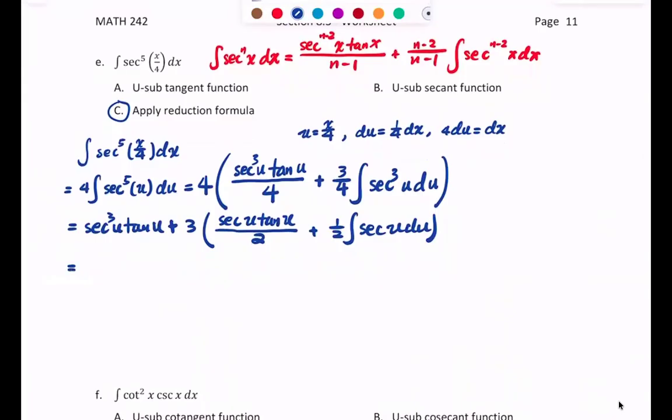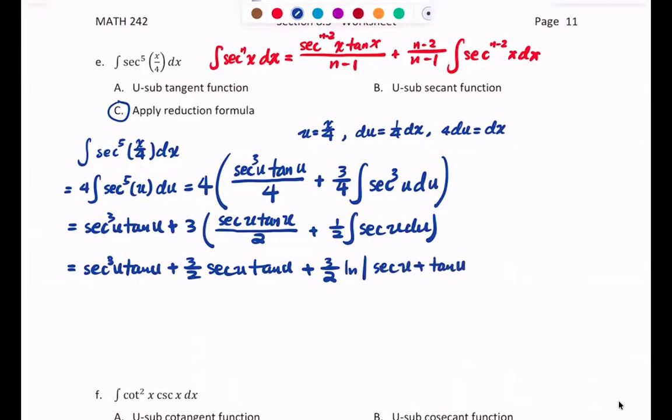Okay, and then the last one we apply the integration formula directly. So that's ln absolute value of secant u plus tangent u.